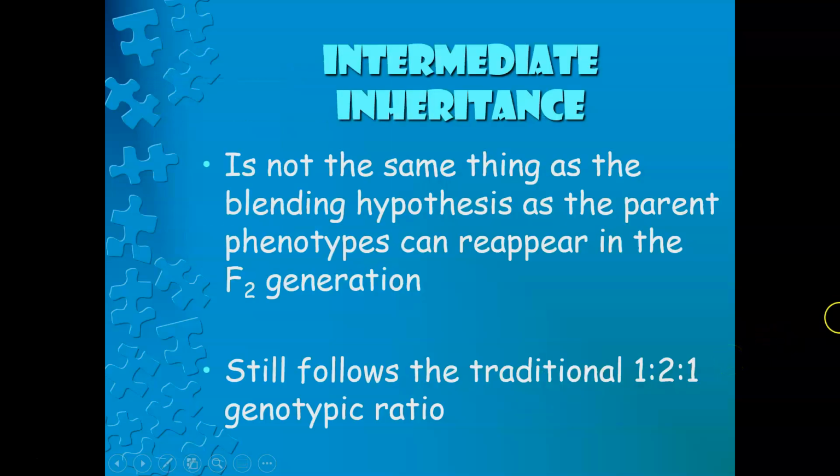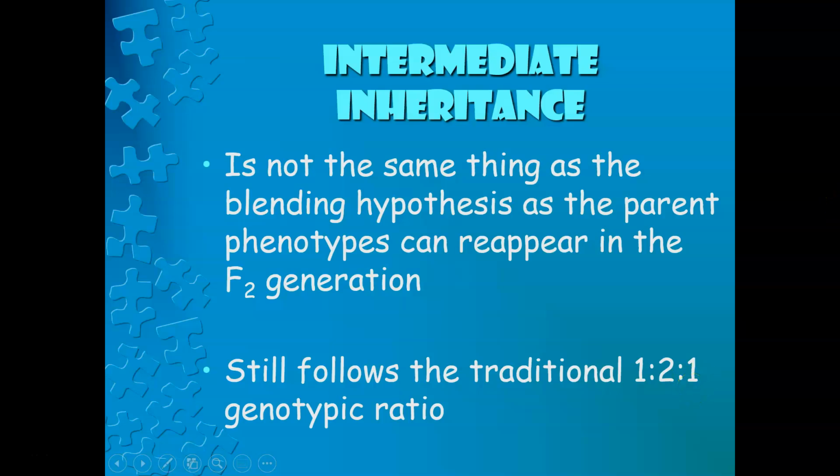So when we go back to Mendel's original genotypic versus phenotypic ratios, his genotypic ratio from a traditional cross, the P to the F1 to the F2, would have been one homozygous dominant, two heterozygotes, and one homozygous recessive.